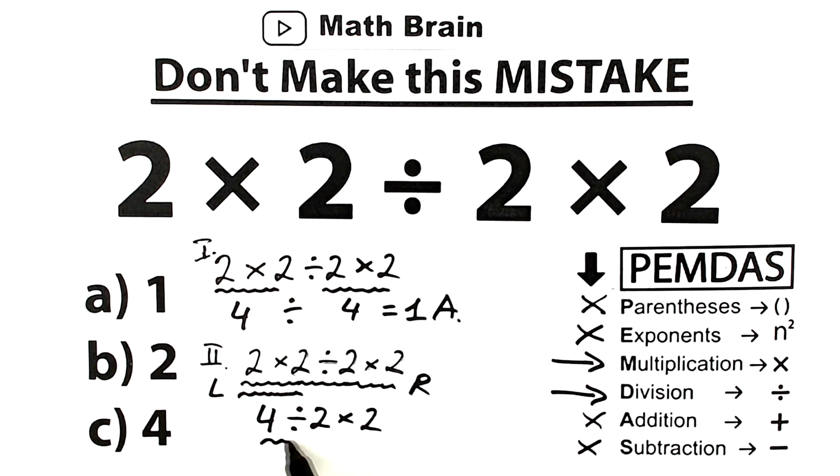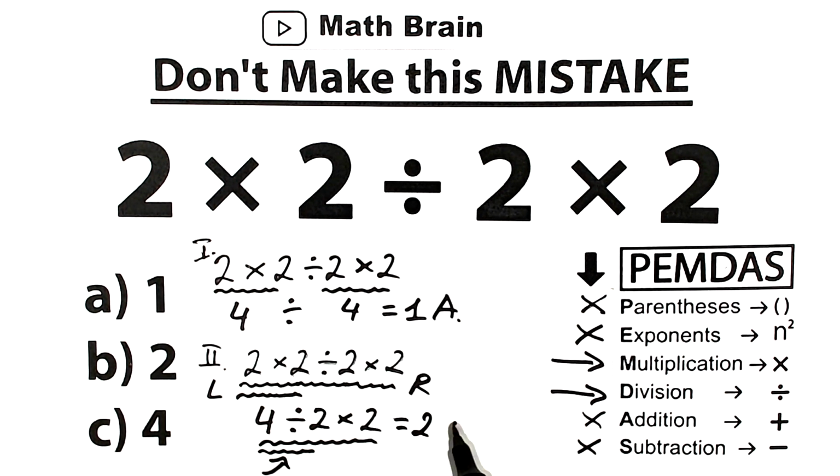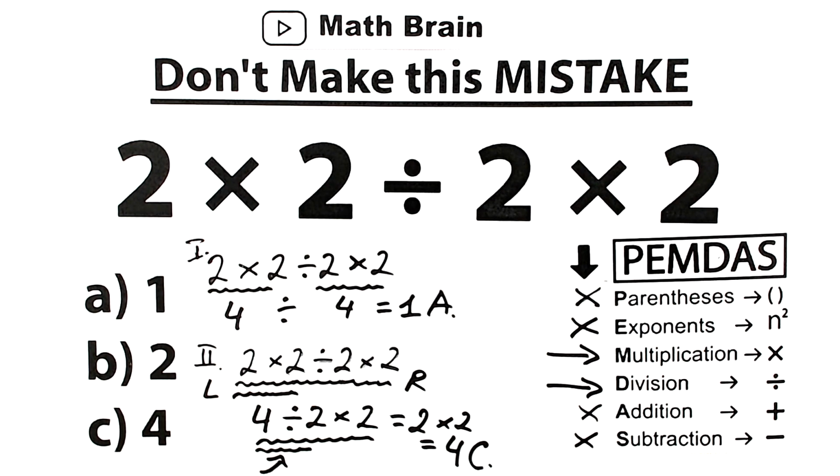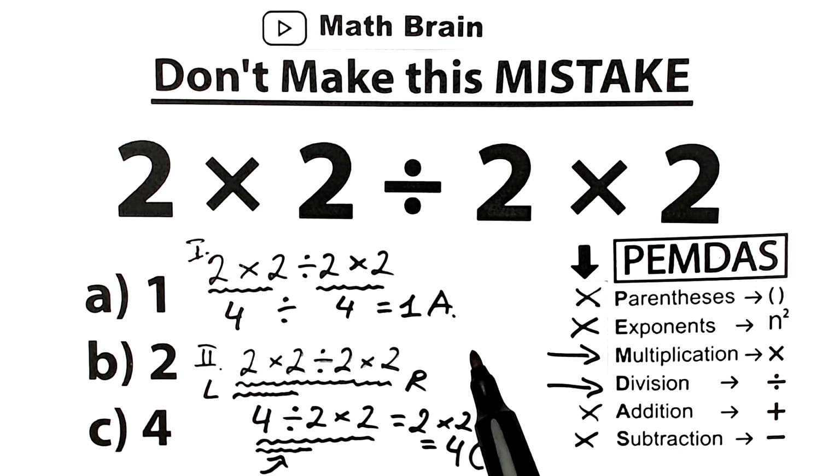Right now we still have a division and multiplication part, and we should scan once more for the first sign from left to right. Of course, this is the first sign from left to right, but in this case it is division. So we have 4 divided by 2 equal to 2, and 2 times 2 equal to 4. As you can see right here, we have a completely different answer. What is the correct answer, option A or option C?